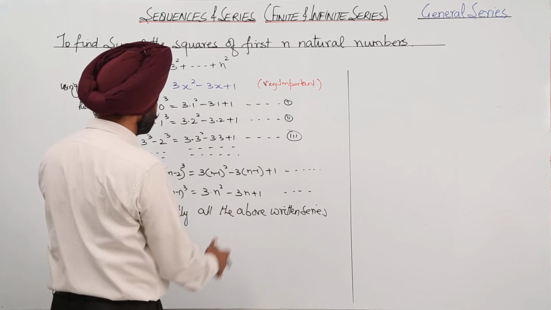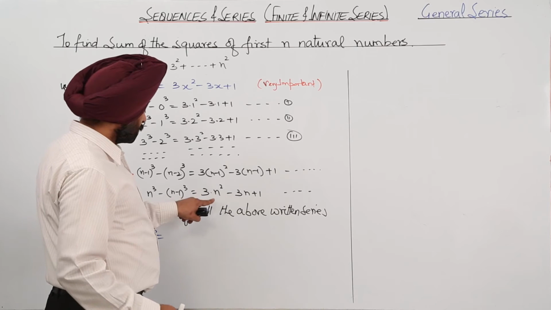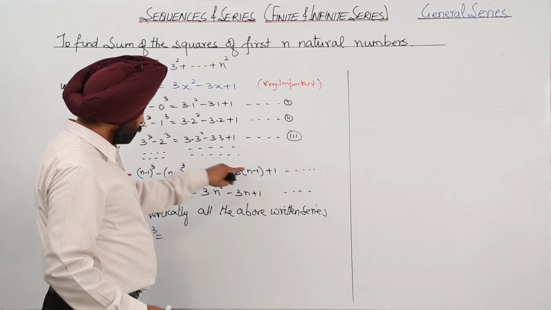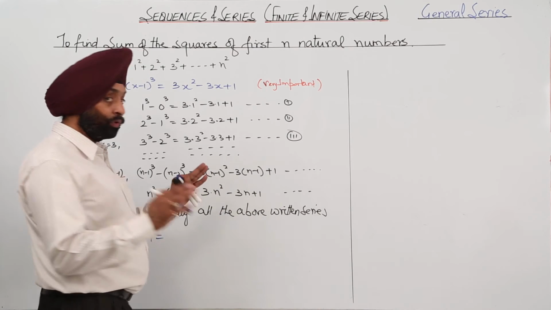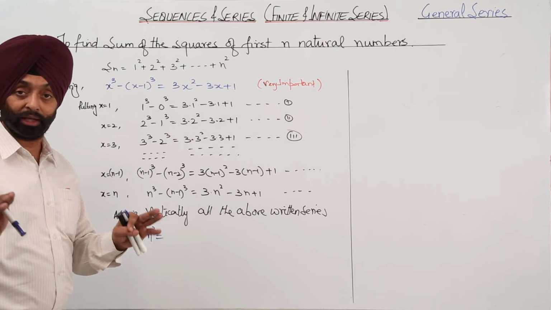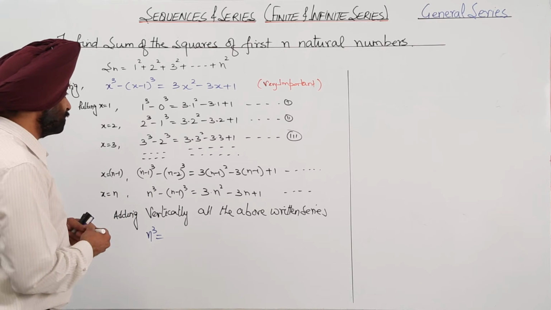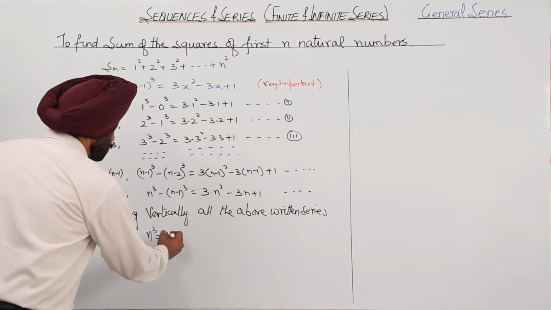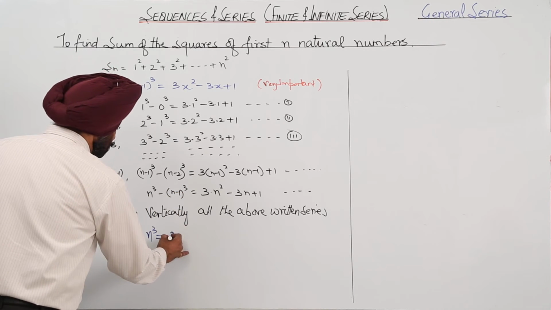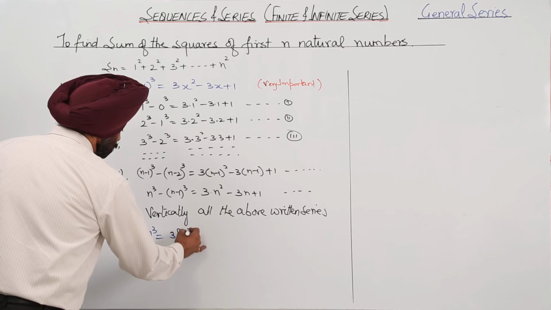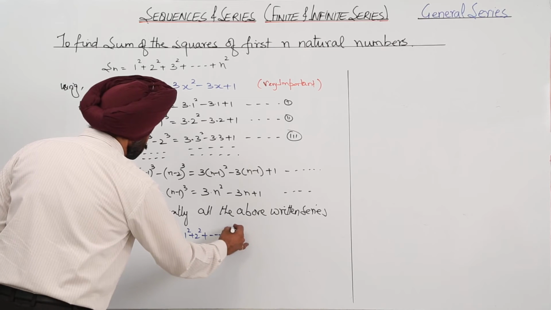Now for the right hand side, when you open this part, each and every term cancels and a few terms are left. I will tell you which. We have 3 times 1 square plus 2 square plus up to n square, then minus 3 times 1 plus 2 plus up to n, plus n.